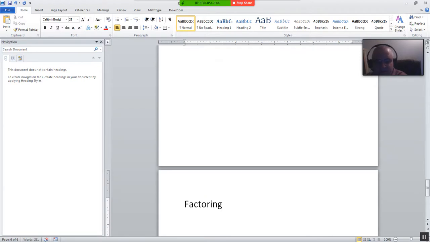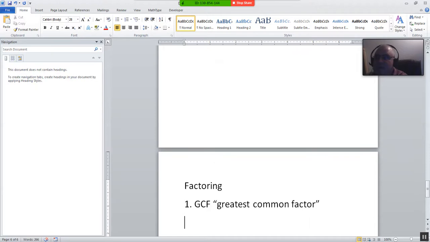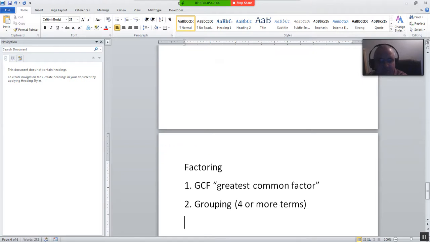So, factoring. Our first method of factoring is GCF. This is greatest common factor. Our second method we'll take a look at is grouping. And this is when you have 4 or more terms.